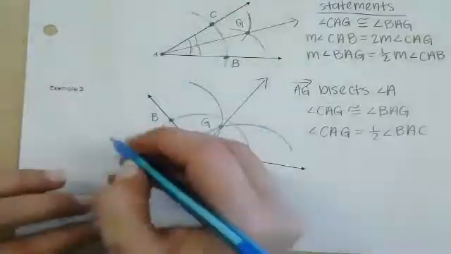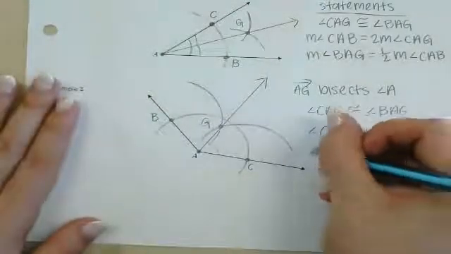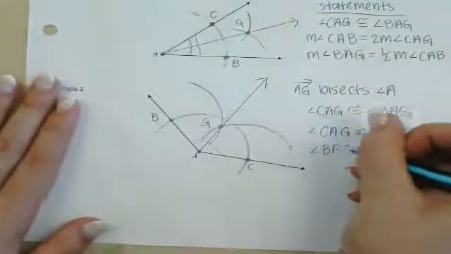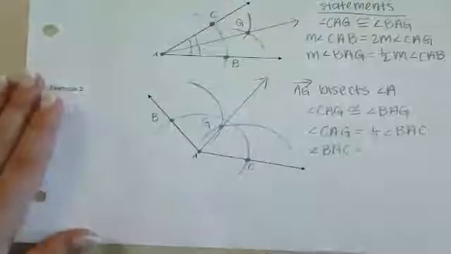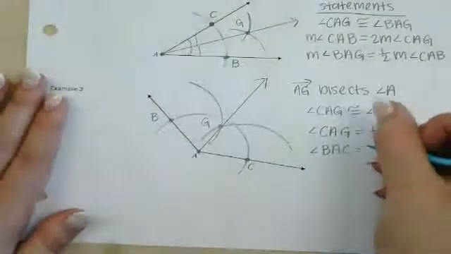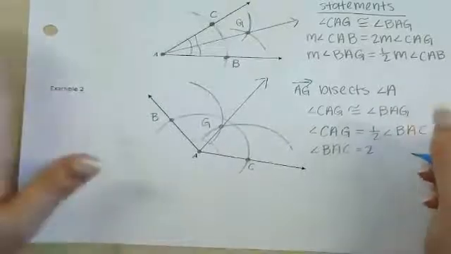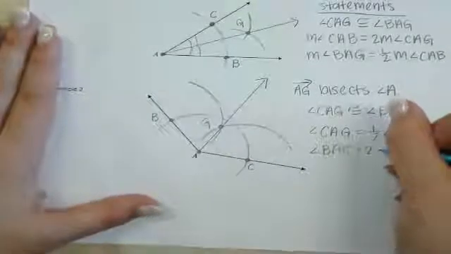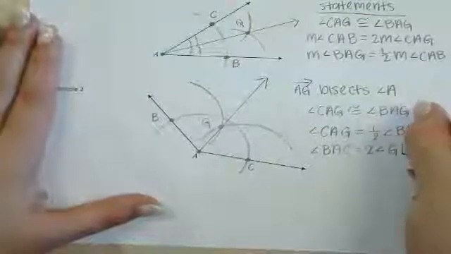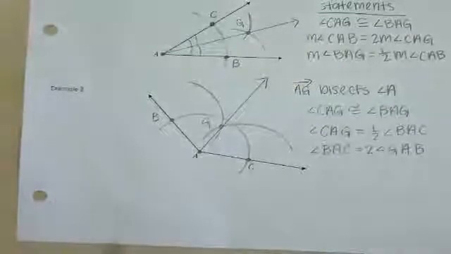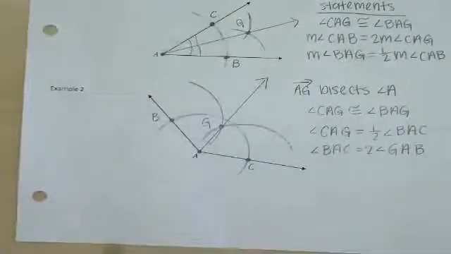And then BAC, which is the whole thing, what is that in reference to one of the pieces? 2 times either one of the other pieces. Yeah, GAB, that would work. All right. So any questions on those?